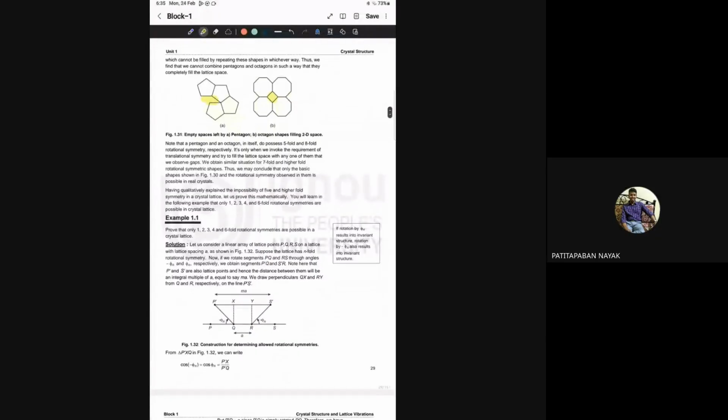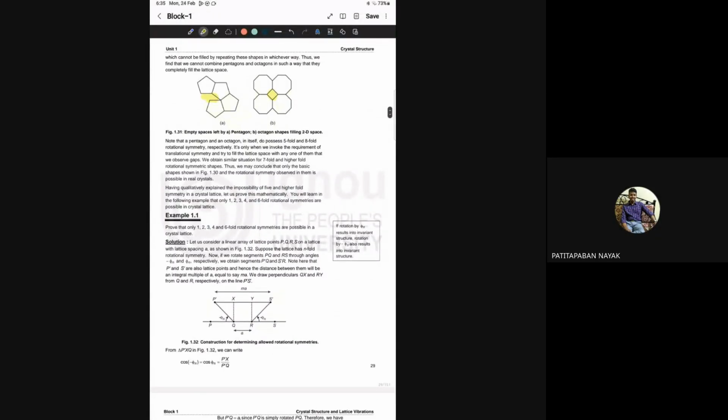There is a very important question I would like to discuss. It says: prove that only 1, 2, 3, 4, and 6-fold rotational symmetries are possible in a crystal lattice. Let us try to understand this question.